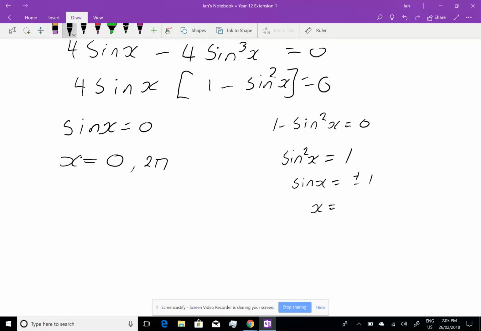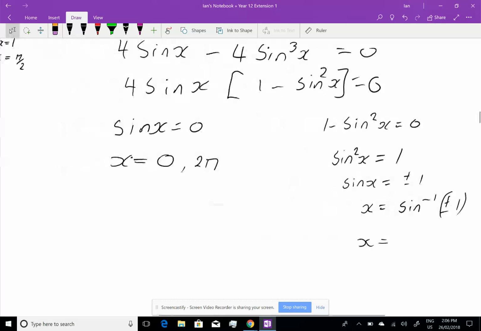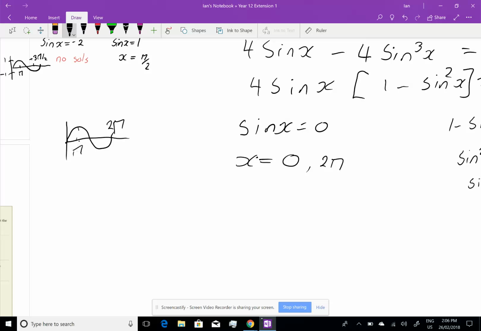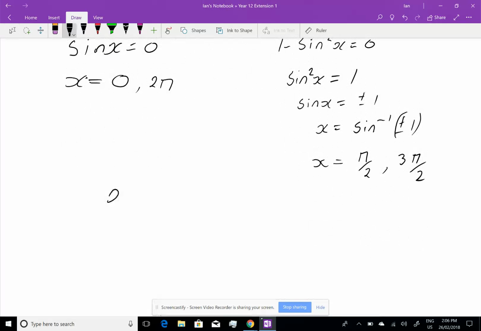Therefore, x equals the inverse sine of plus or minus 1, which we know is going to be pi on 2 or 3 pi on 2. So x can equal 0, pi on 2, 3 pi on 2, or 2 pi.